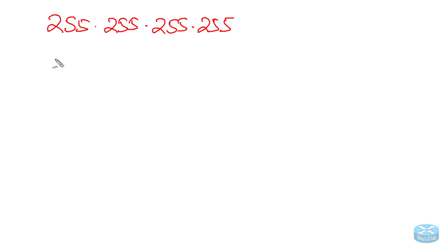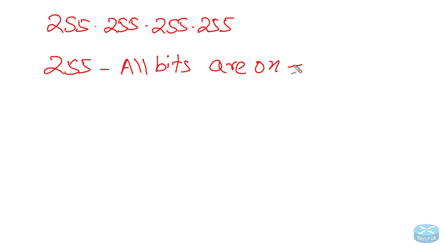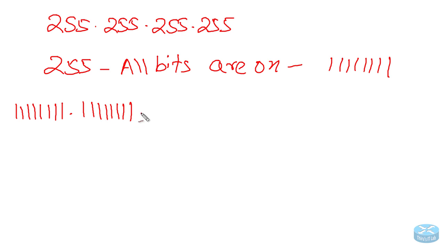When it's 255, that means all bits are on, which means all of them in binary are 1. So it would be like this: 1 2 3 4 5 6 7 8, 1 2 3 4 5 6 7 8, 1 2 3 4 5 6 7 8, dot 1 2 3 4 5 6 7 8.